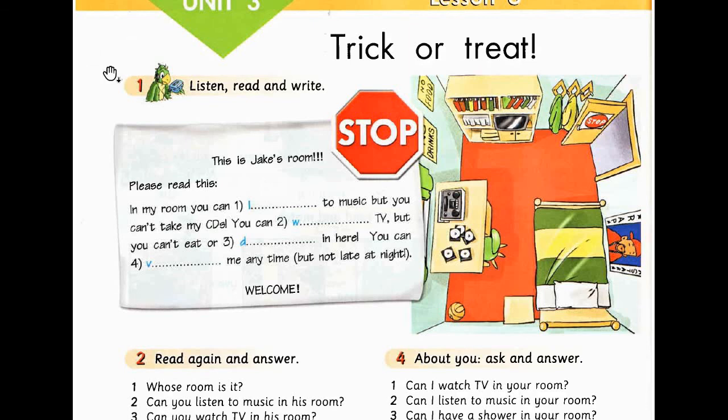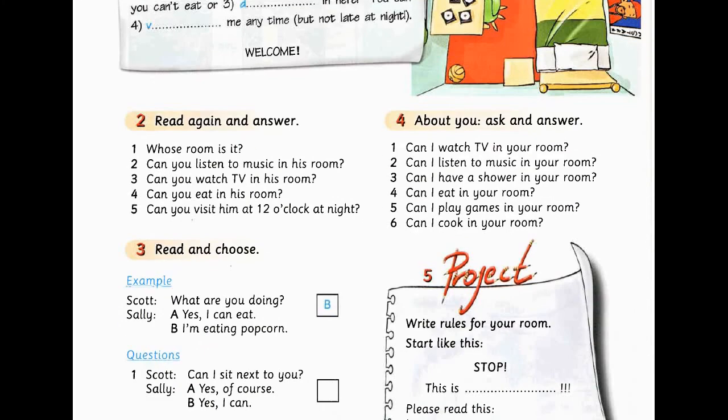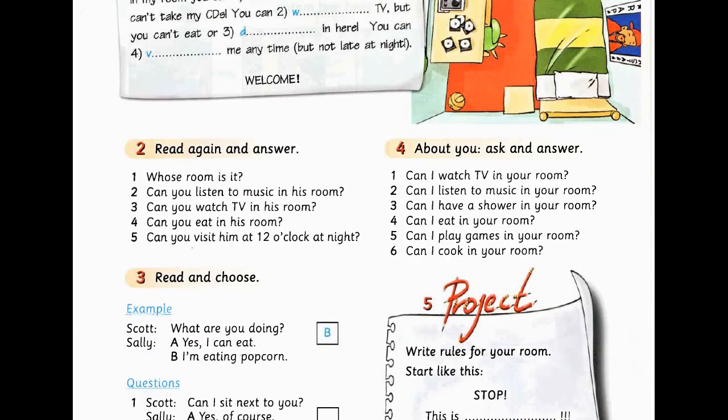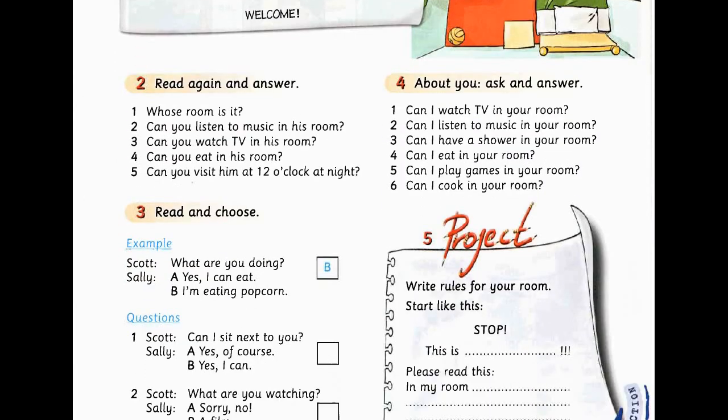First, we completed our notes about Jake's room, and then we understood the rules of Jake's room using can or can't. And then we moved on to another part to answer the questions about Jake's room. And then again, we tried to find a possible answer to the questions, exercise or question number 3. In number 4, we had extra exercises, and number 5 as well.